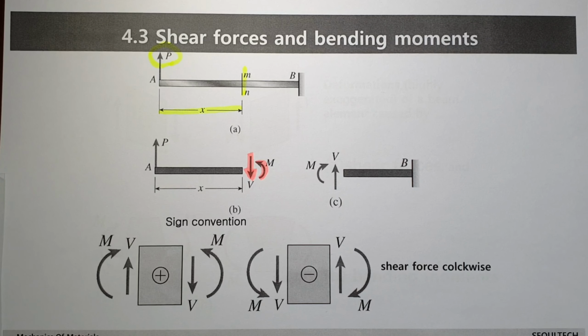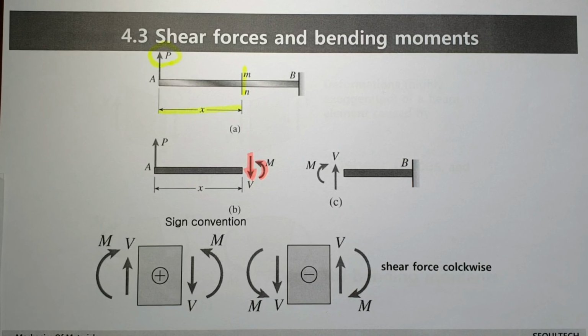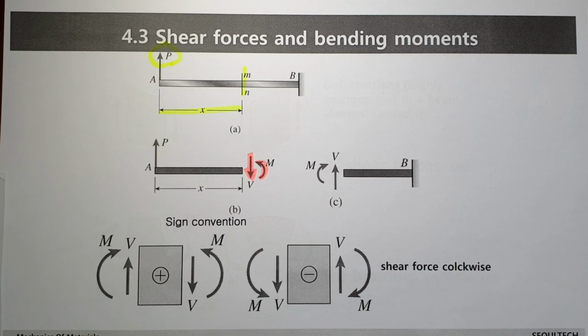there are some equations related to shear force and bending moment under the external force. The relationship equation is slightly different, especially the plus and minus sign can change. Okay, I'll repeat again.